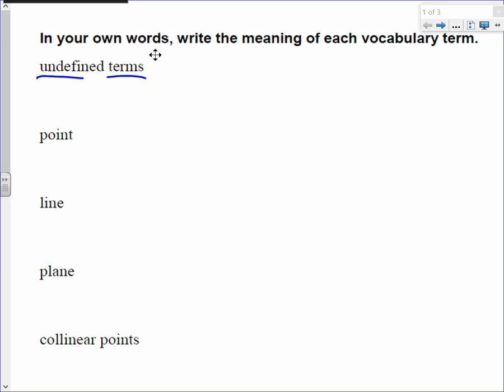For instance, what's the definition of a cat? Maybe you could say an animal that goes meow, right? Or a feline that lives in modern suburbia. Okay, so the word cat, a feline.